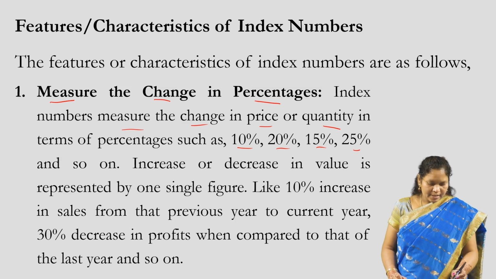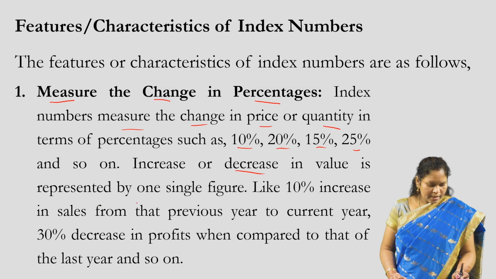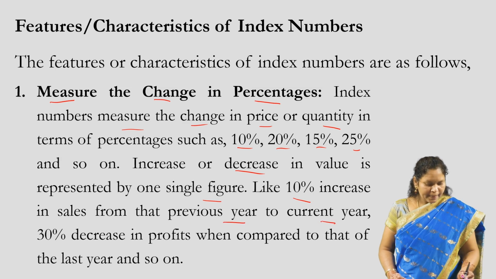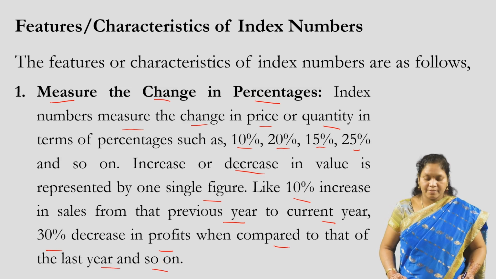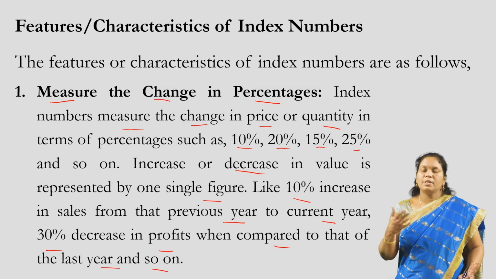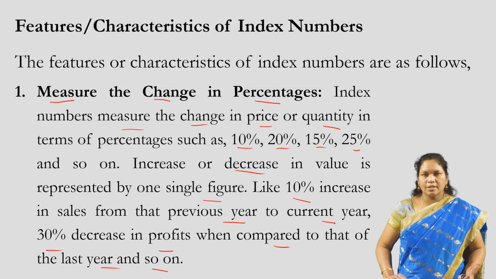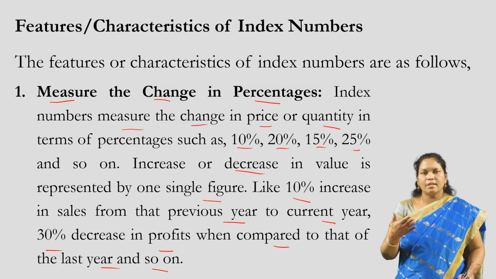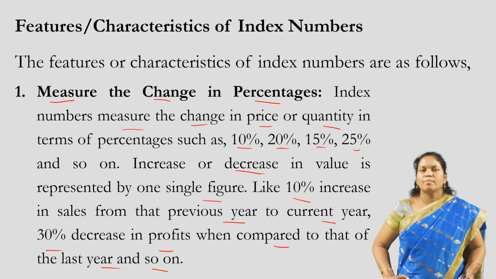So like that, an increase or decrease in the value is represented in a single figure, like a 10% increase in sales from the previous year to the current year, a 30% decrease in profits when compared to last year, and so on. So this is the example they have given. Like 10% has increased from the previous year, or it has decreased by 30%, like that we can identify by using the index number formulas.